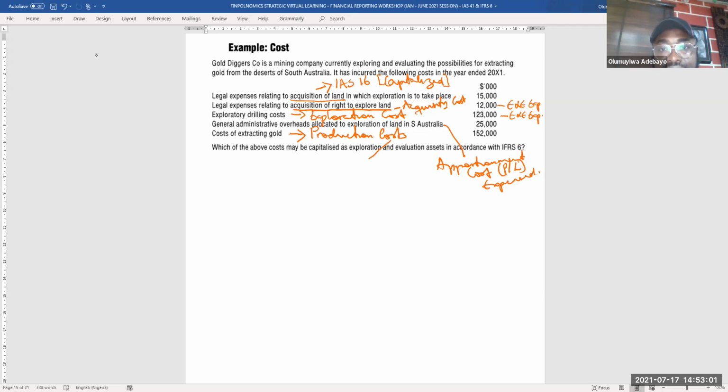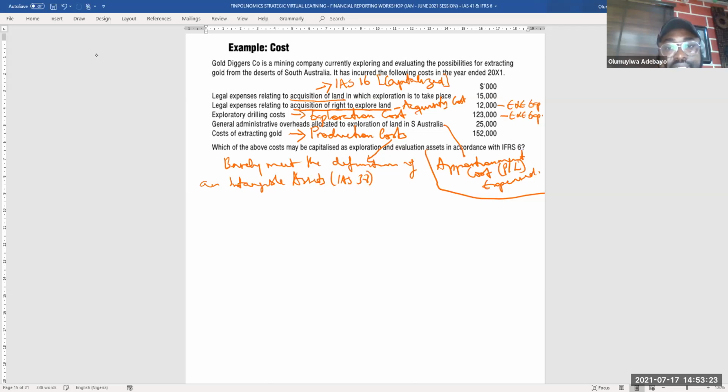Okay, which means in that case, this barely meets the definition of, take note, an intangible asset, IAS 38.